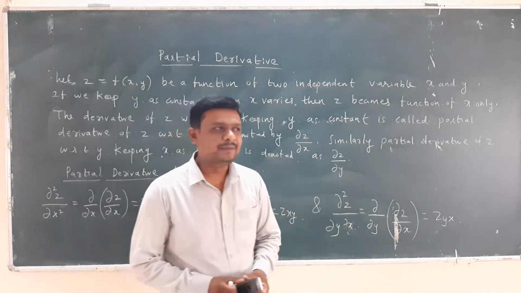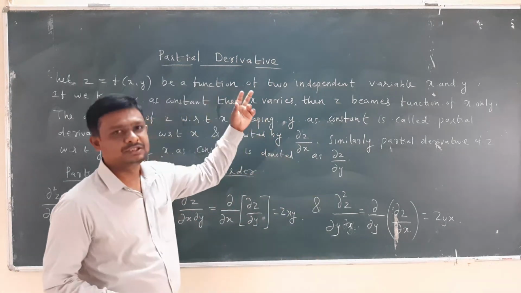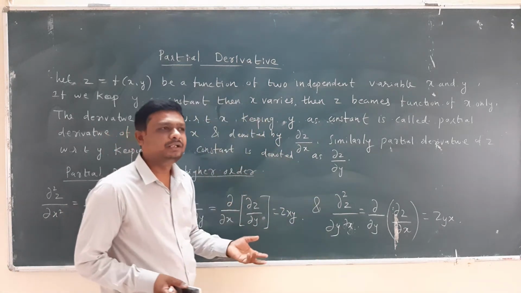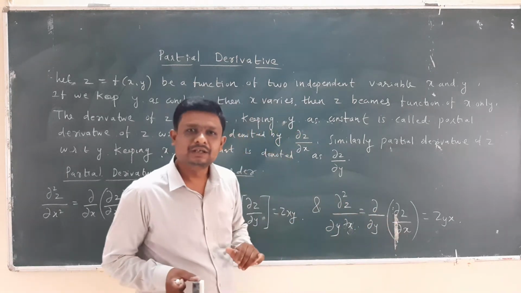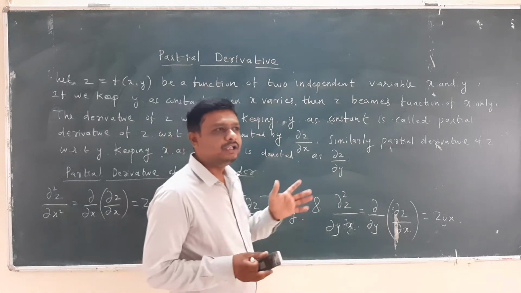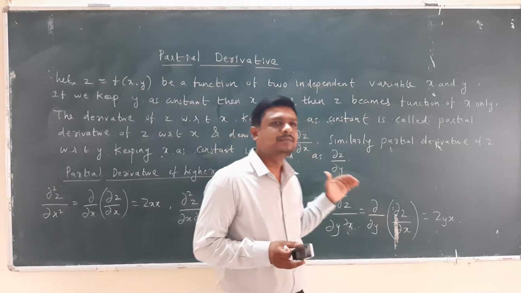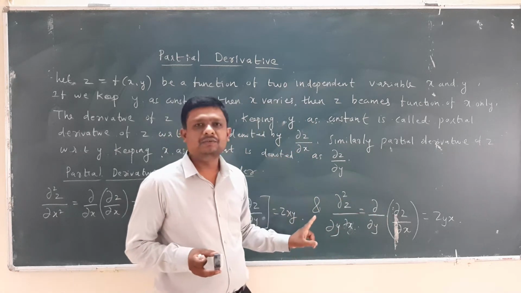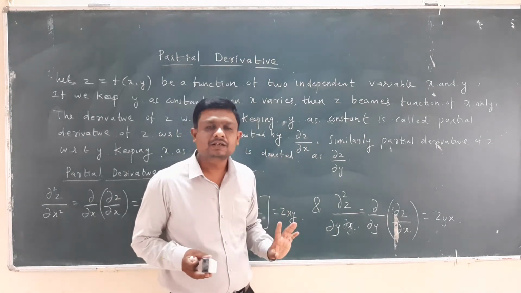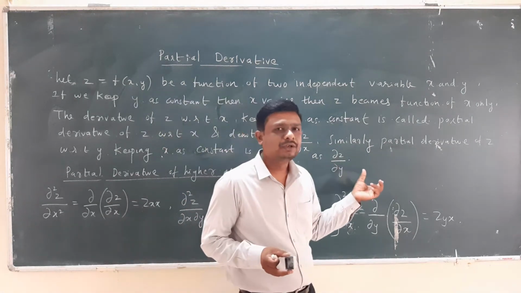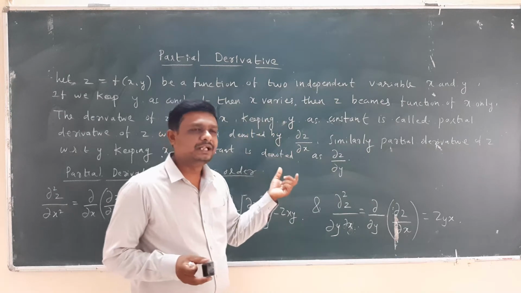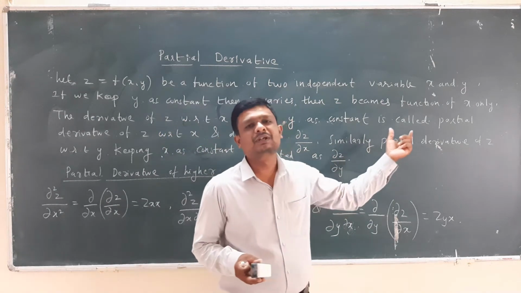Today in this video I am going to discuss partial differentiation. Before that, first we'll see the difference between partial derivative and ordinary differentiation. In ordinary differentiation, we come across only one dependent variable and one independent variable. For example, velocity: the rate of change of displacement with time.